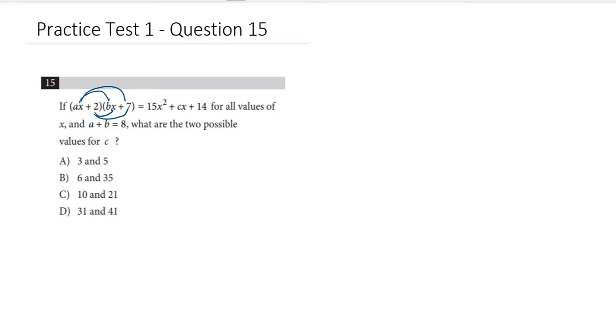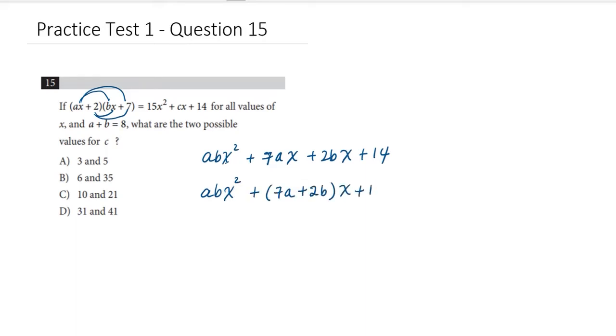Let's try. ax times bx is abx squared. ax times 7 is 7ax. 2 times bx is 2bx. 2 times 7 is 14. Then these two can be combined, so it will be abx squared plus (7a plus 2b)x plus 14.